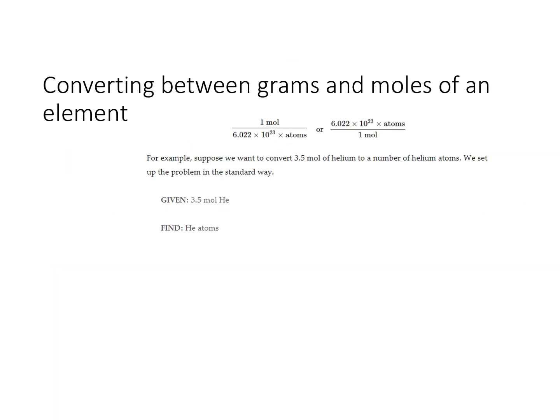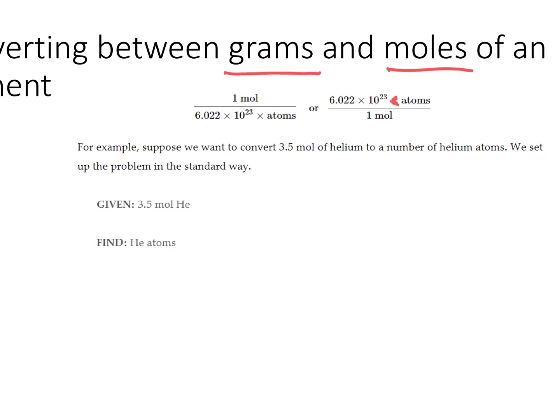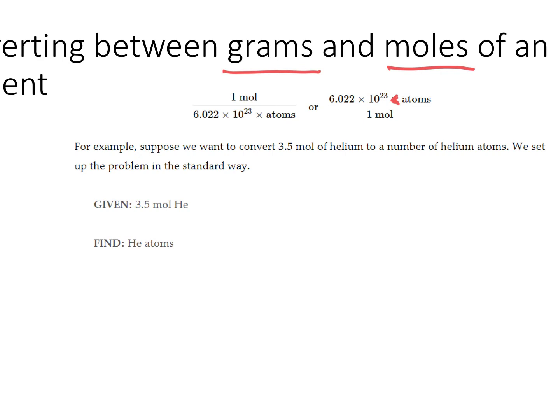Okay. Now, let's do some examples. So we want to convert between grams and moles of an element. And here, you don't have a multiplication sign. So when you want to convert moles, and also here.